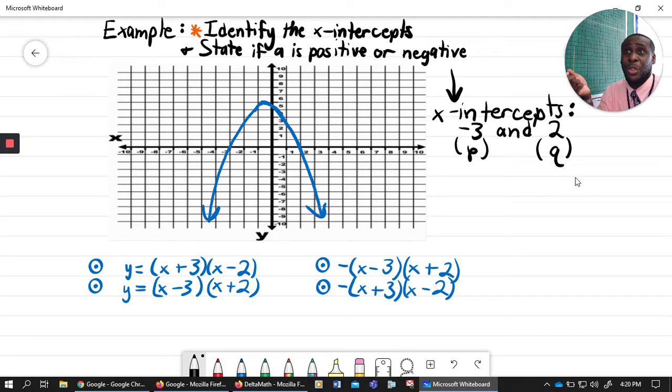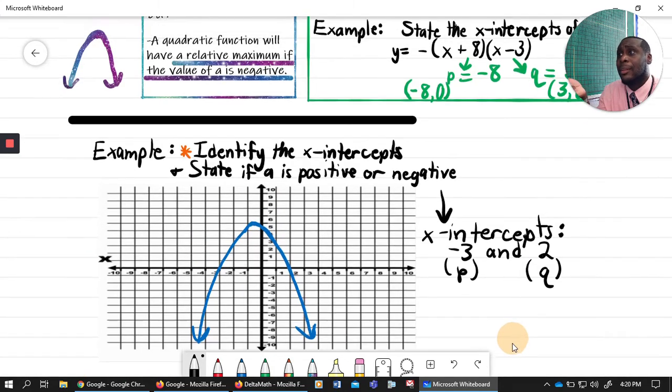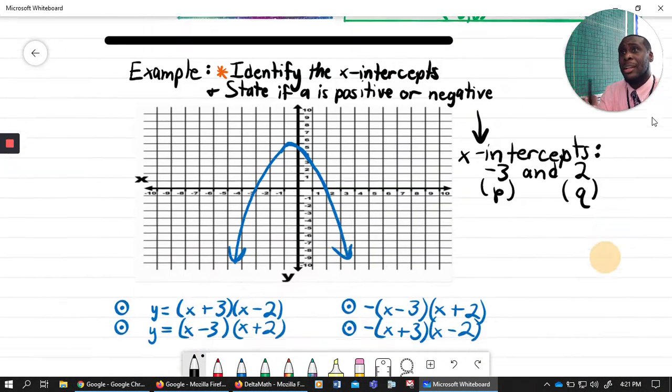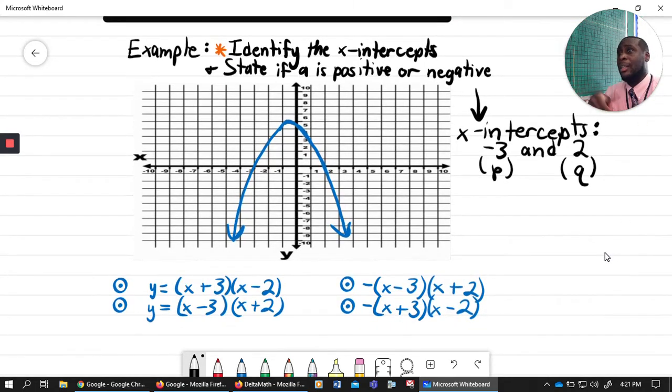This graph has a vertex that is a relative maximum, so the A value has to be negative. As we said, a quadratic function will have a relative maximum if the value of A is negative, right? So your A value has to be negative because it's a relative maximum.